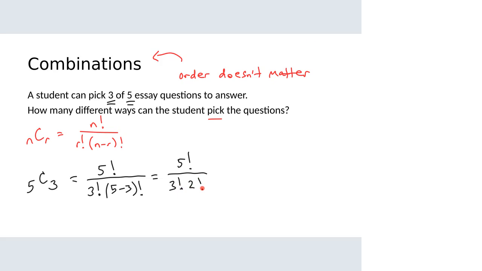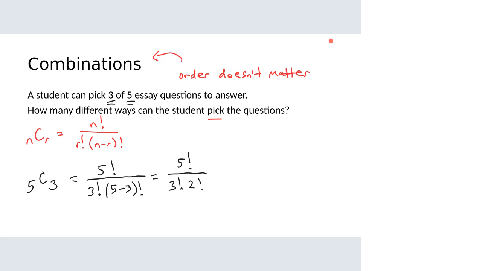Doing this by hand, there is one danger I want to point out. 3 factorial times 2 factorial is absolutely not 6 factorial. So we do not want to do that. Keep in mind what 3 factorial means: 3 times 2 times 1. 2 factorial means 2 times 1. There's no 6 anywhere. There's no 5 anywhere. We're just going to leave it as 3 factorial times 2 factorial down there on the bottom.